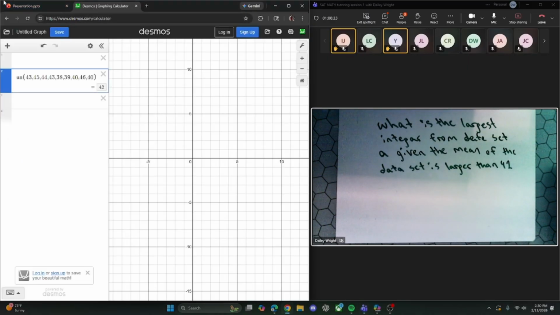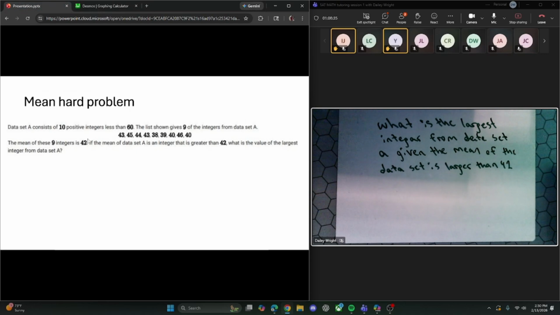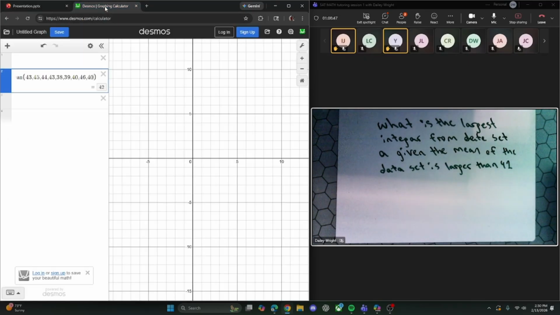So as we can see in Desmos, the mean of these 9 integers is 42. We want to find the mean of the data set, and we want it to be an integer that is greater than 42. So we would start at the first positive integer less than 60, which is 59.